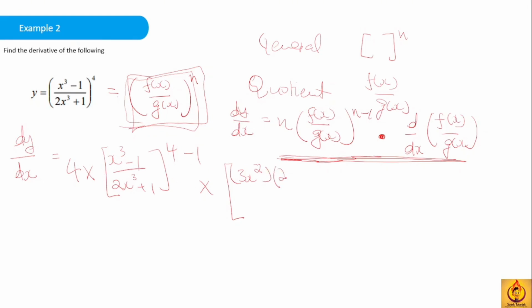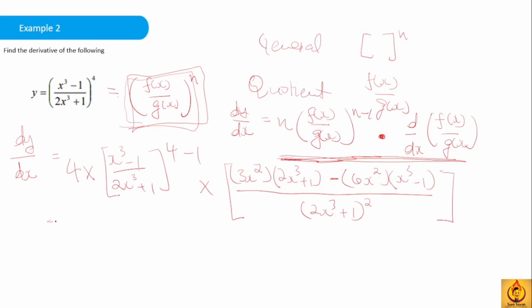You multiply it by g of x, minus, right? We do the derivative of the second function, which is the denominator. You multiply that power by your constant, which will be 6x squared. 2x cubed plus 1, it's a constant. You multiply by your numerator, which is f of x, which will be x cubed minus 1. All of that, you will divide by the square of your denominator.